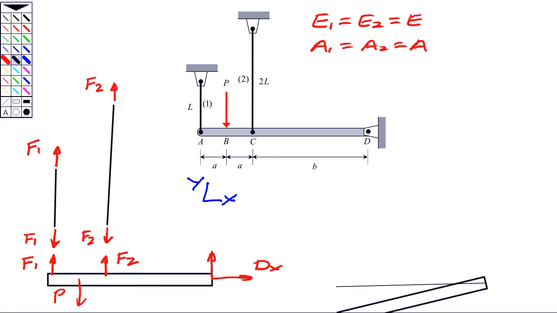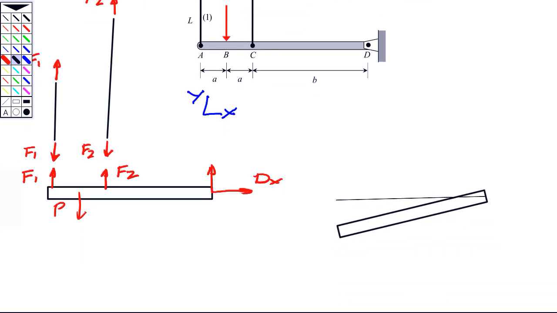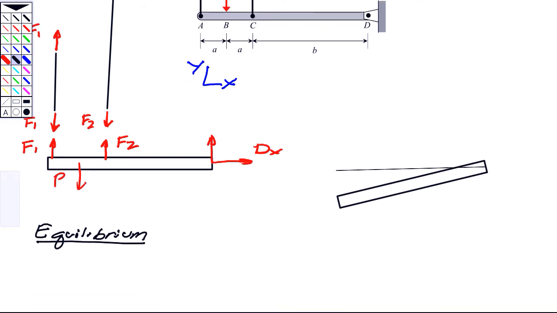Okay, so what I'm going to do is equilibrium first. That's usually our first step. So we have equilibrium analysis, and what I'm going to do is simply do a moment equation about D. That's a good choice because we have these reactions of Dx and Dy, which I failed to put down here, acting at D. So doing a moment about D gets rid of that.